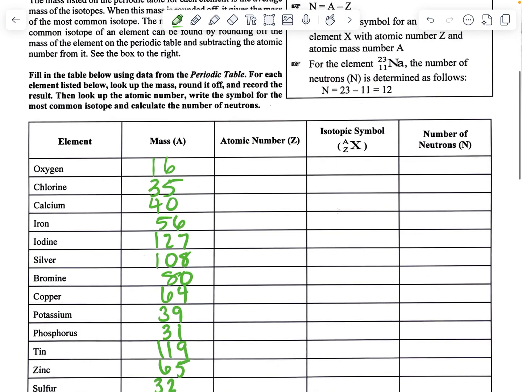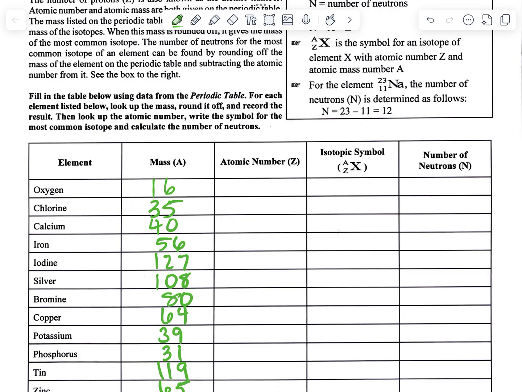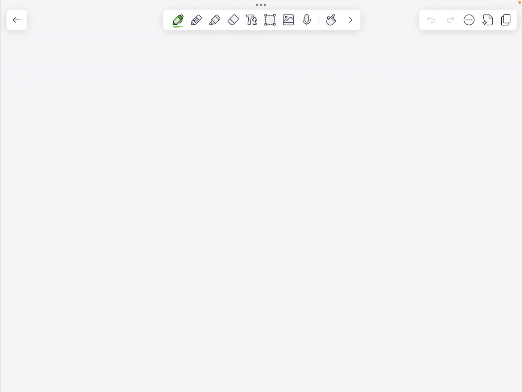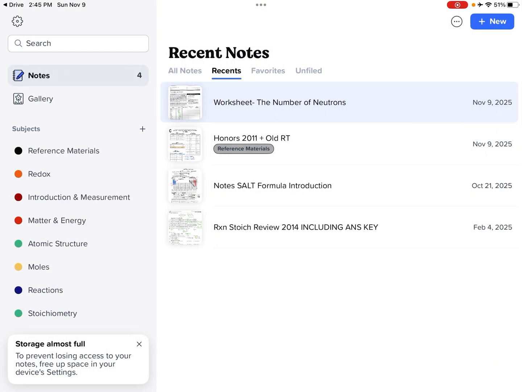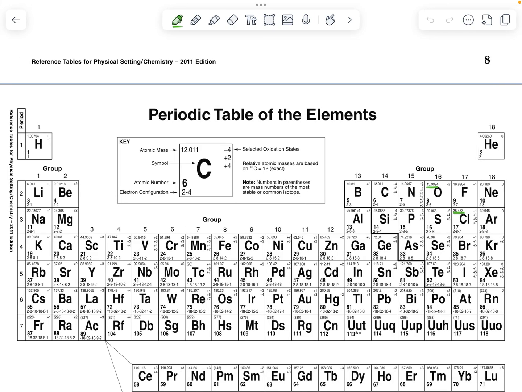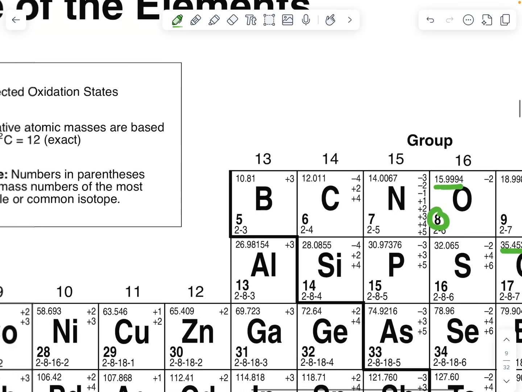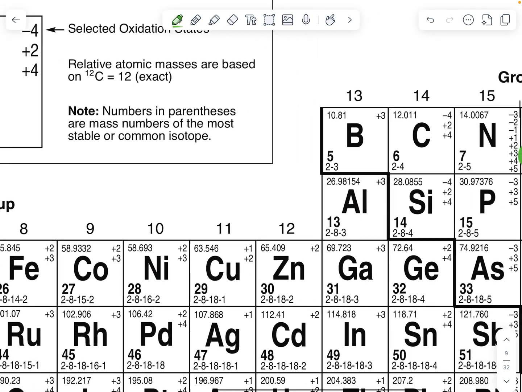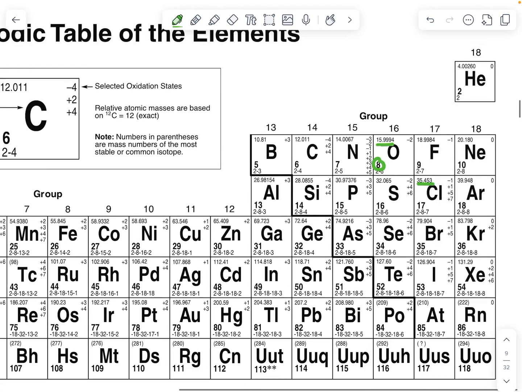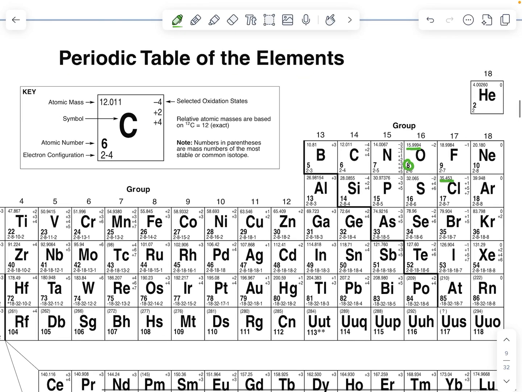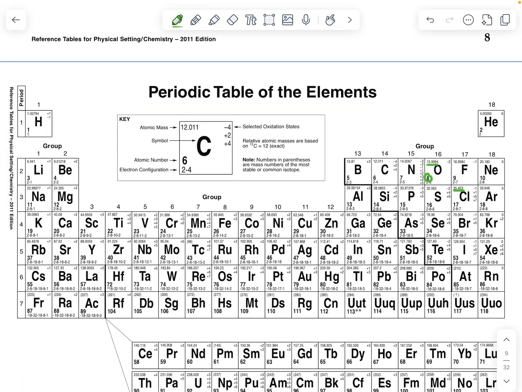All right, atomic number is the same as number of protons. So back here on my periodic table, again, my first one is oxygen. On this periodic table, atomic number is the bold number. Depending on what periodic table you're looking at, it might be in a different location within the box, but we always start with element number 1 up here and then travel on all the way down.